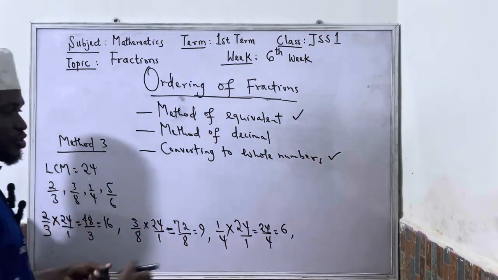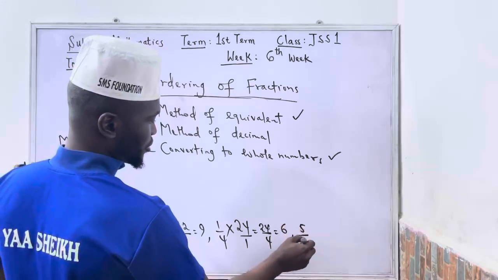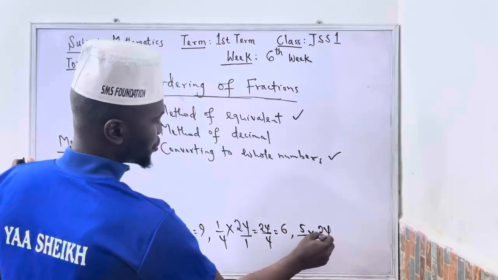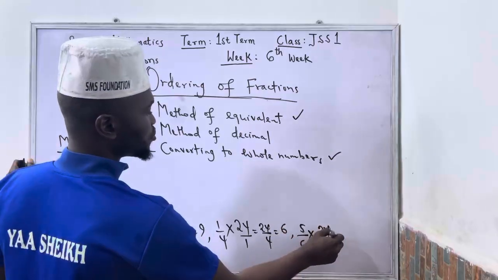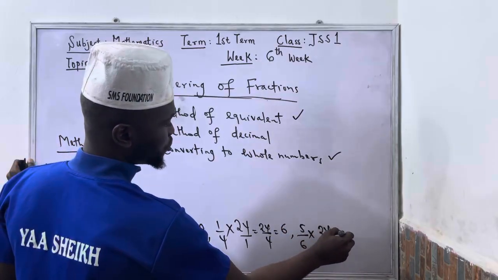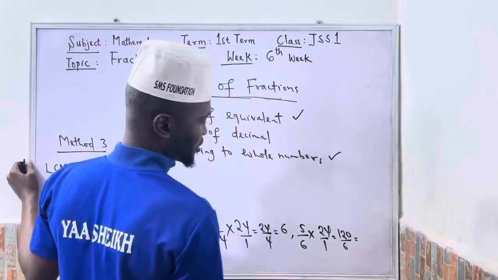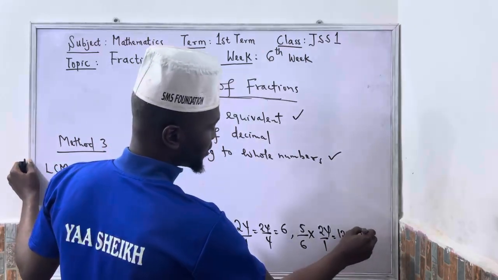Lastly, we have 5 over 6 times the LCM, which is 24. So over 1. You can say 5 times 24, that will give you 120. Then you do 120 divided by 6, that will give you 20.